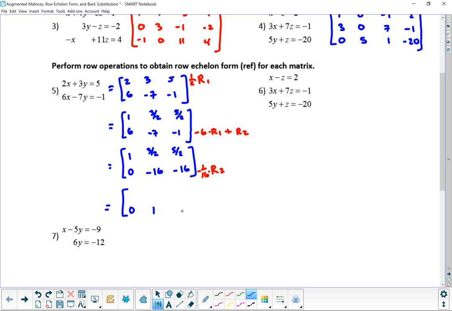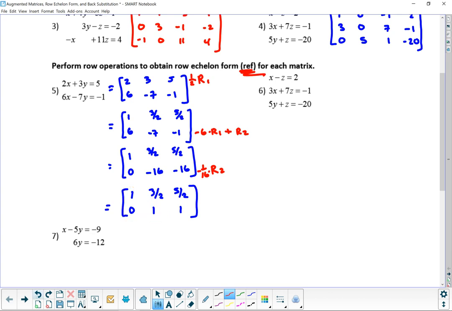And then 5/2 stays. So the directions say put this in row echelon form, and this is row echelon form right here.